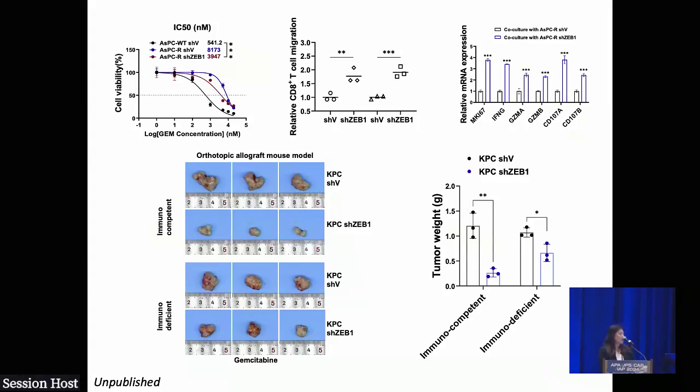And next, we want to know whether the effect of ZEP1 knockdown on gemcitabine resistance is a contribution of the tumor immune microenvironment or not. So we injected the ZEP1 knockdown cells into both immune competent and immune deficient mice. And we found only in the immune competent mice, knockdown of ZEP1 significantly decreased the tumor growth and increased the gemcitabine response.